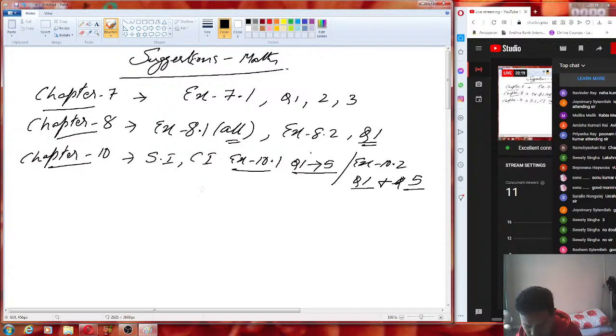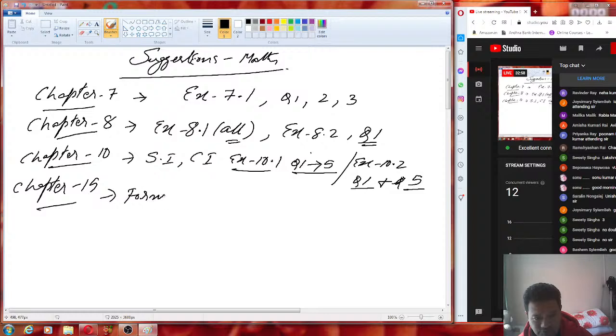Next, let's move on to chapter 15. Chapter 15 is about the area of polygons. Here you have to know all the formulas, the main formulas that I have told you.